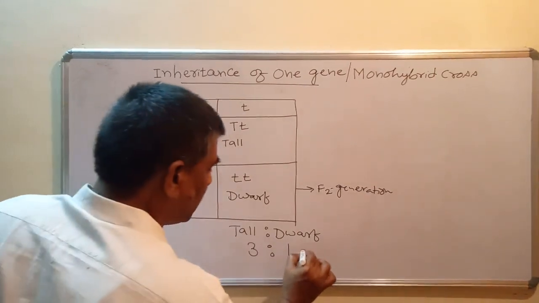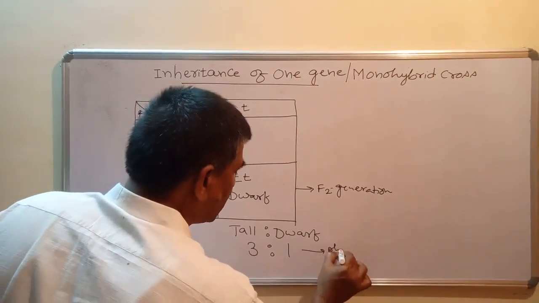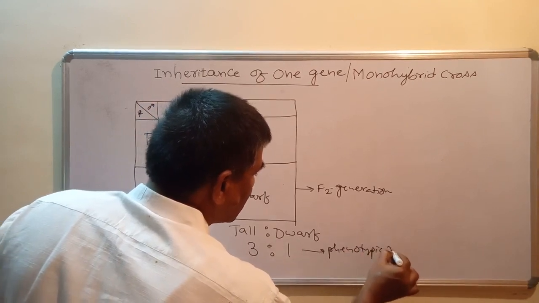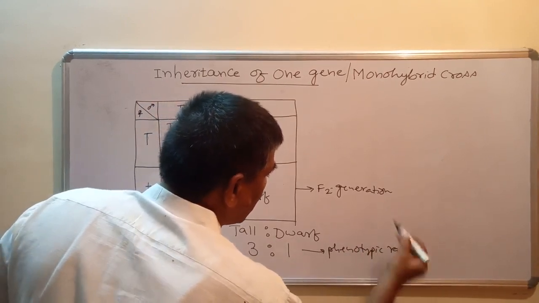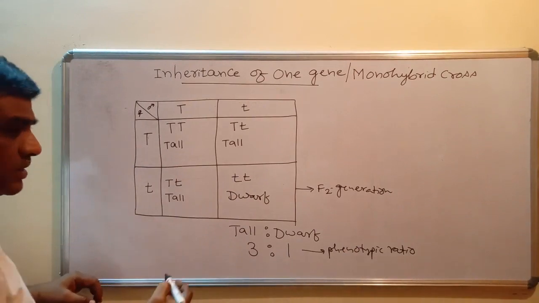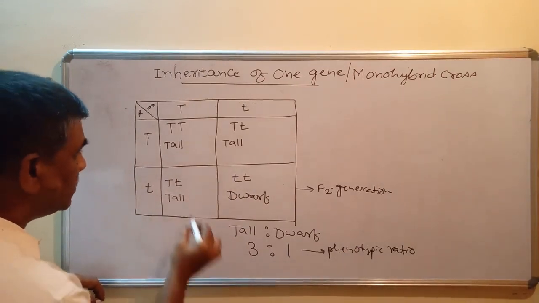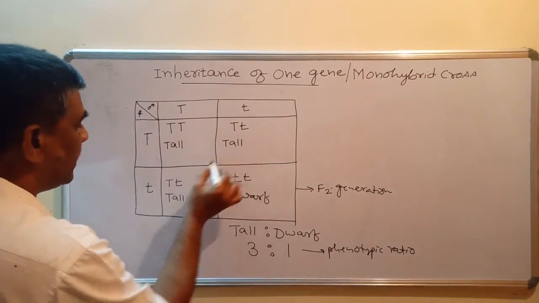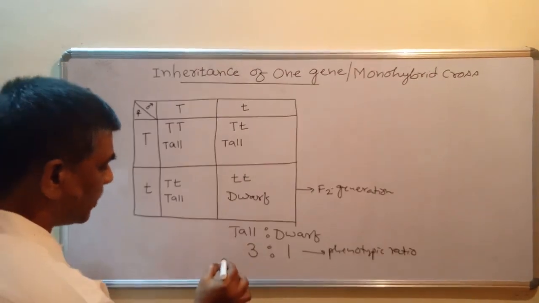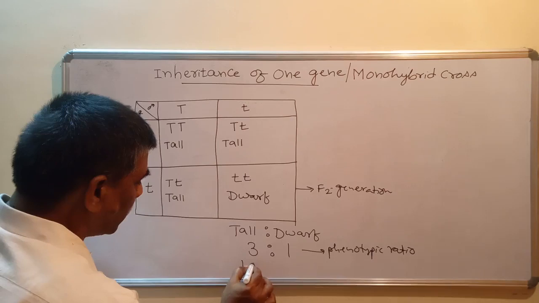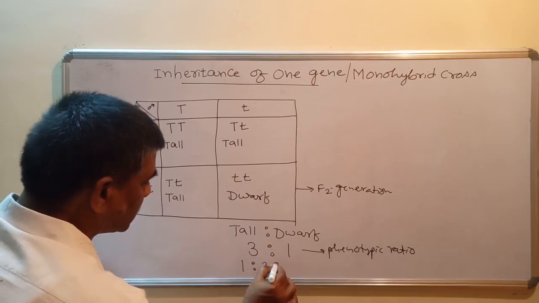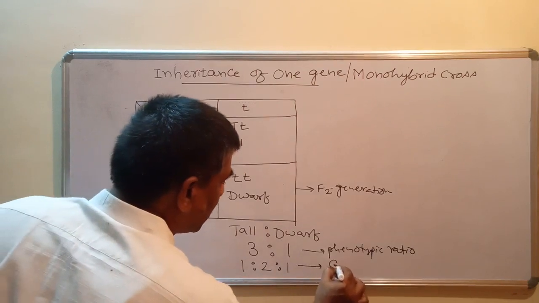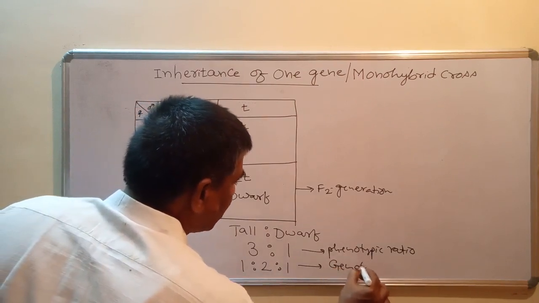Therefore 3:1 is the phenotypic ratio. So this is the monohybrid phenotypic ratio. Suppose you take pure tall, hybrid tall, and pure dwarf, then we will get 1:2:1. This is what we call the monohybrid genotypic ratio.